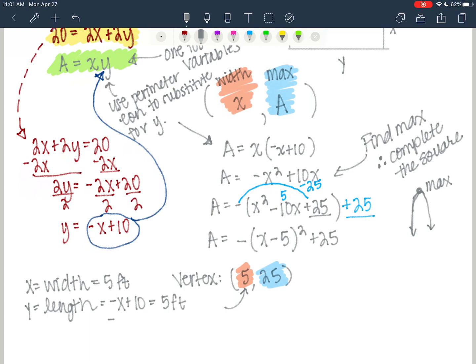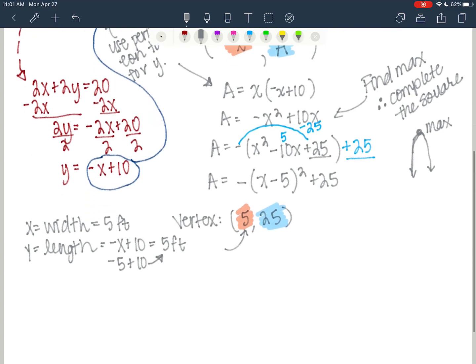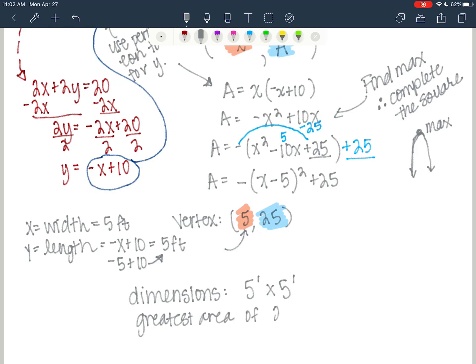That gives us 5 feet. So our dimensions are 5 feet by 5 feet, and that would give us the greatest area. Not that it's asking, but it would give us a greatest area of 25 square feet.